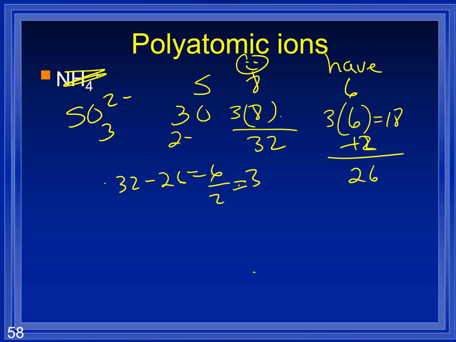So this has 3 bonds. There are 4 atoms. What's the fewest number of bonds you can get away with? 18 plus 6 is 24, and 2 more is 26.